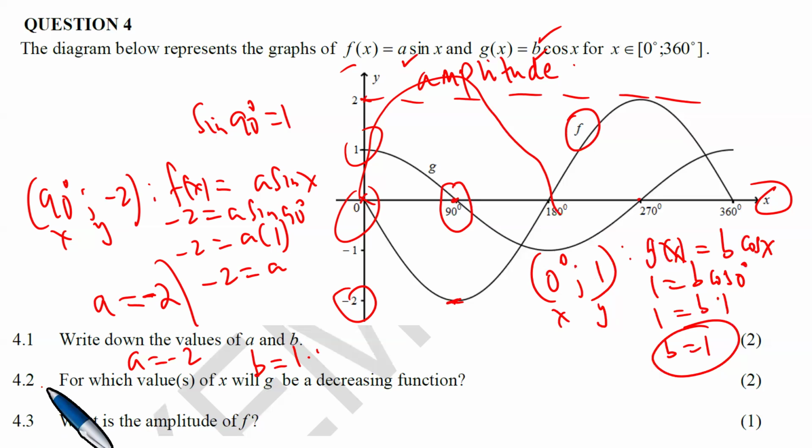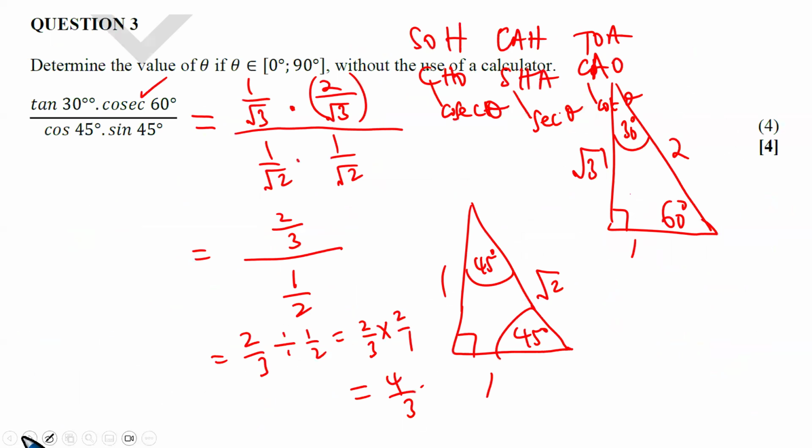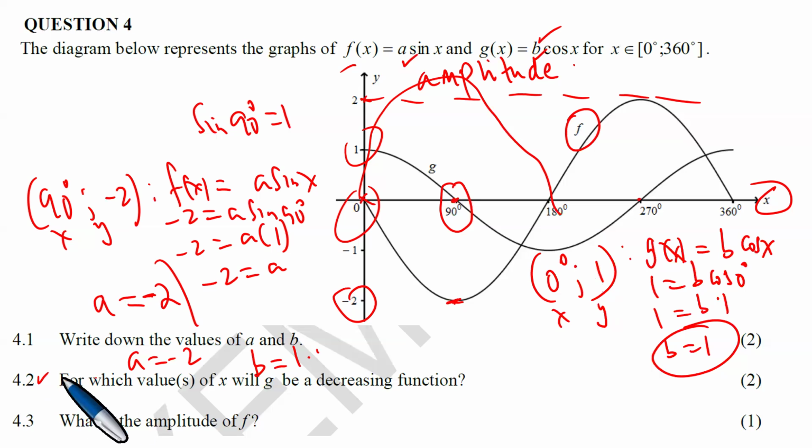Right, so in the next question, now we're going to deal with 4.2. For which values of x will G be a decreasing function? G is decreasing here when it's going down, but here it's going up.